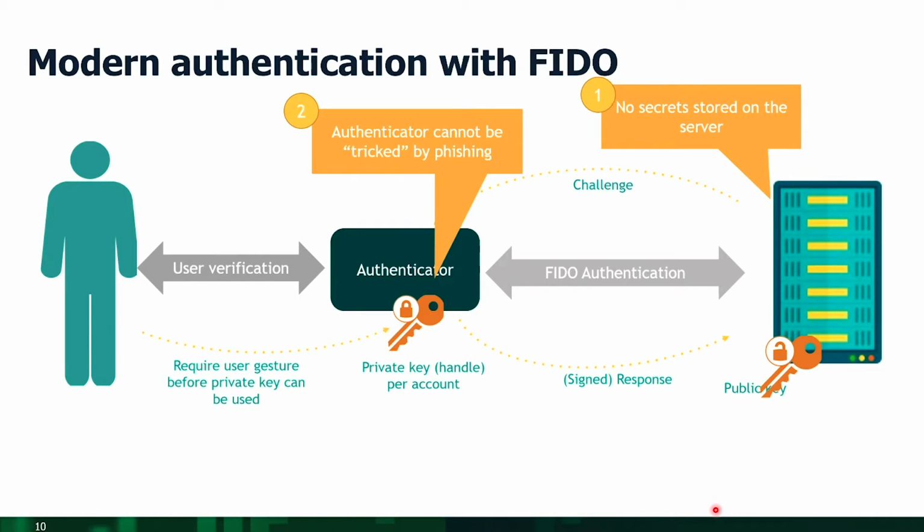During the flow, which I'll show a little bit later, part of the authentication process compares the ID of the relying party that wants to authenticate with the ID of the relying party that created the credential in the first place. If they don't match, the authentication will fail. So this aspect of FIDO protects the user against both phishing and most man-in-the-middle attacks.